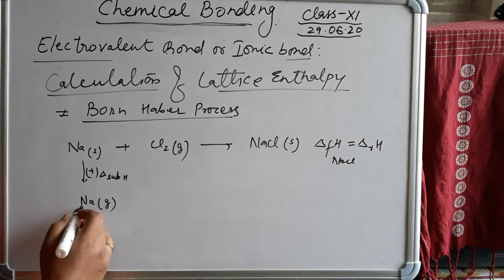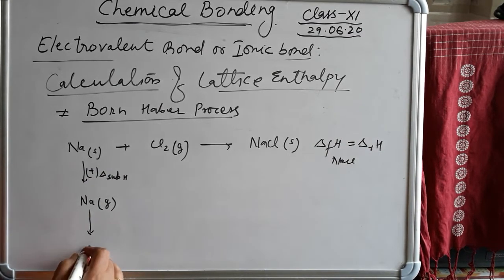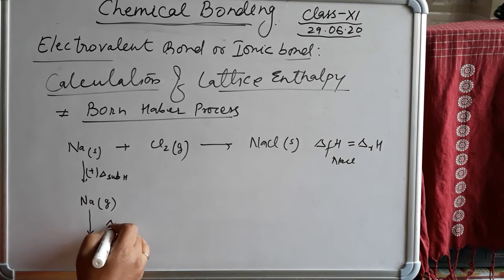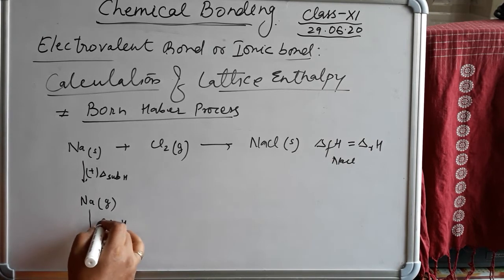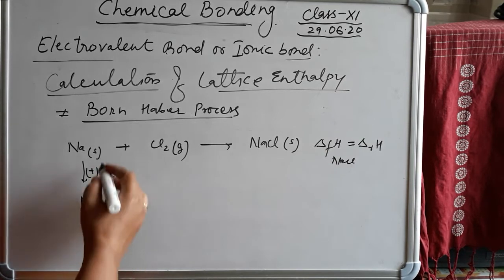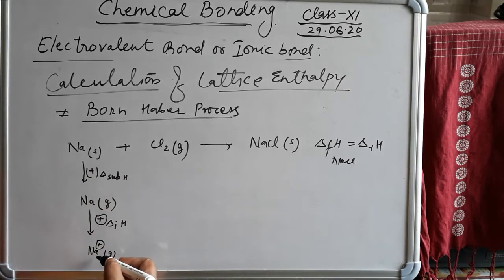And when this sodium in the gaseous state is converted into ion, an electron is removed here, again ionization enthalpy, meaning energy should be given. So this solid state comes to gaseous state, and gaseous state again comes into the ionic form. This is also in the gaseous state.